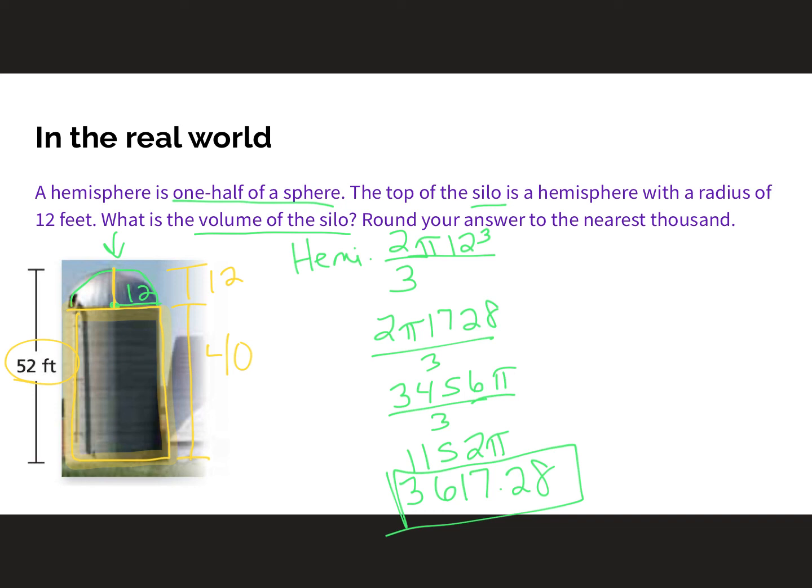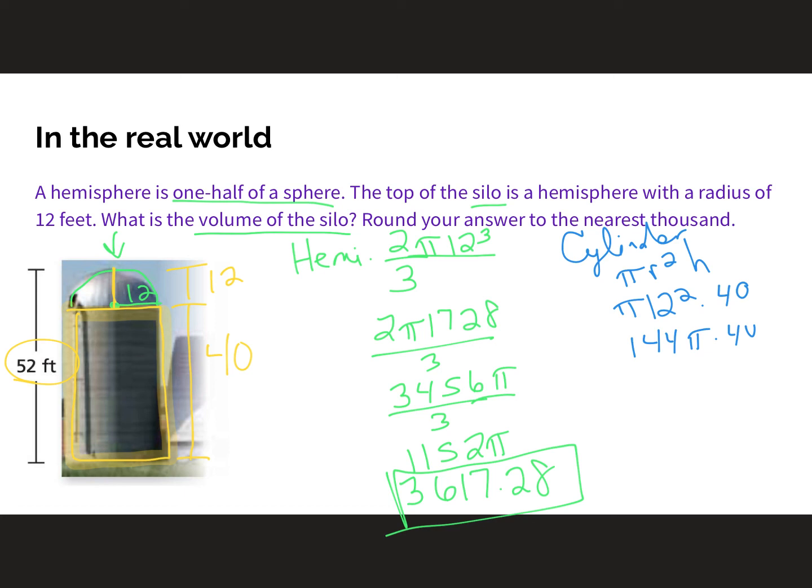And then I still need to find the volume of the cylinder. Remember, cylinders are not that hard. Cylinders are just pi times the radius squared times the height. So I have pi times 12 squared times my height of 40. So I have 144, which is 12 squared, times pi times 40.